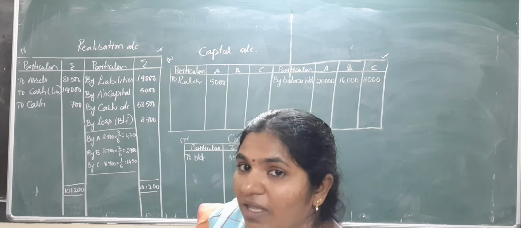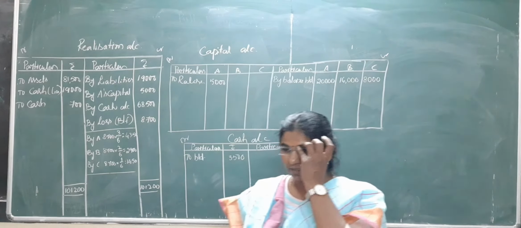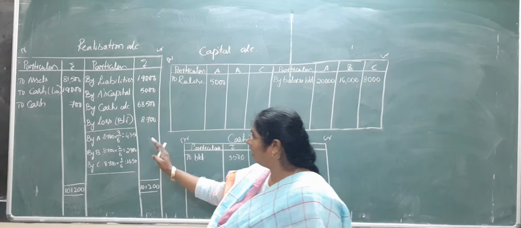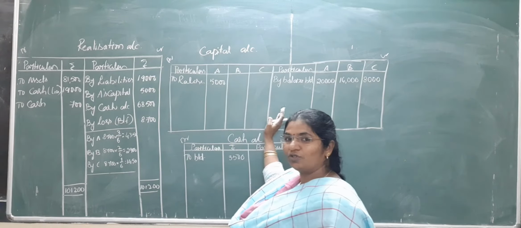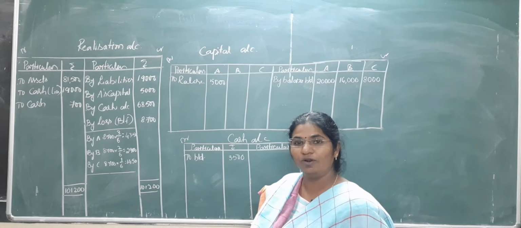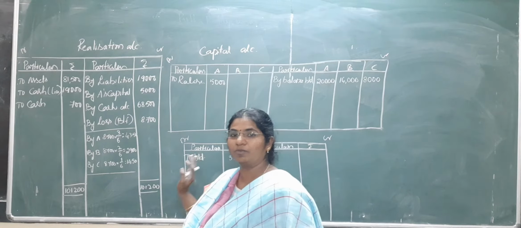Here the realization account is closed. Now we have to transfer all these amounts to their capital accounts and cash account. Once the cash account is closed, our problem is correct.